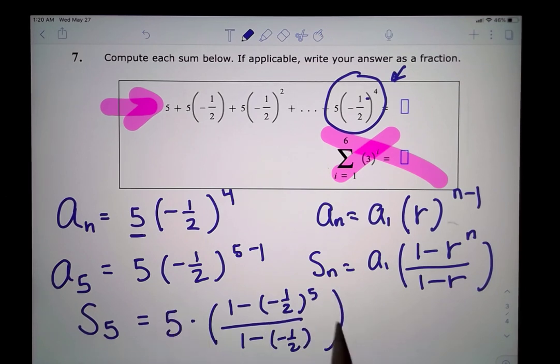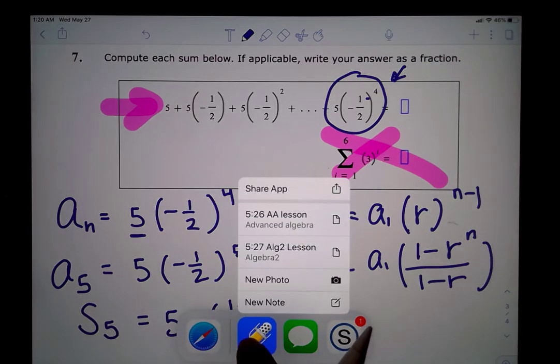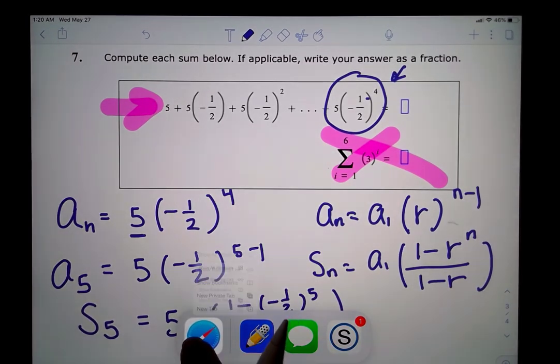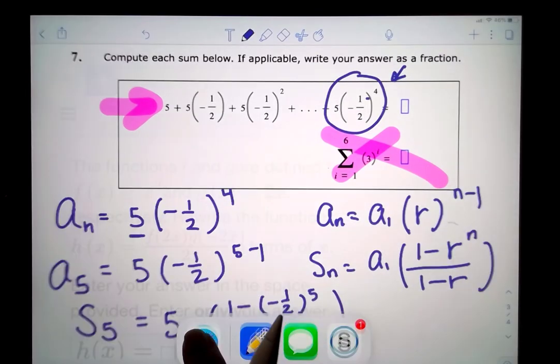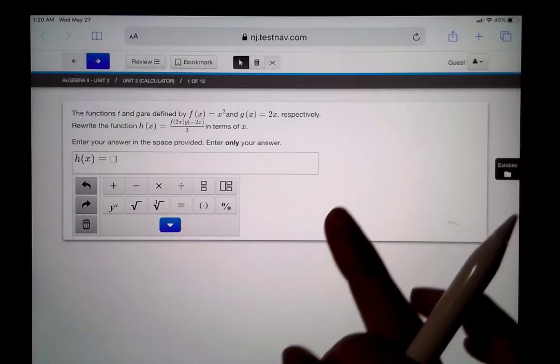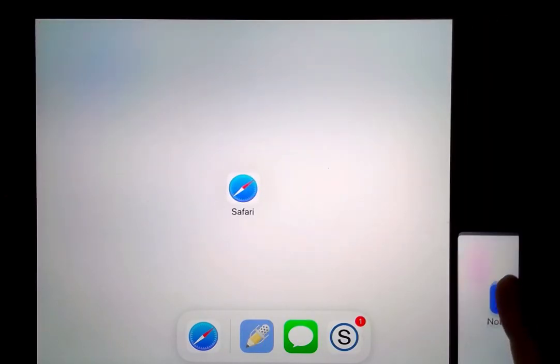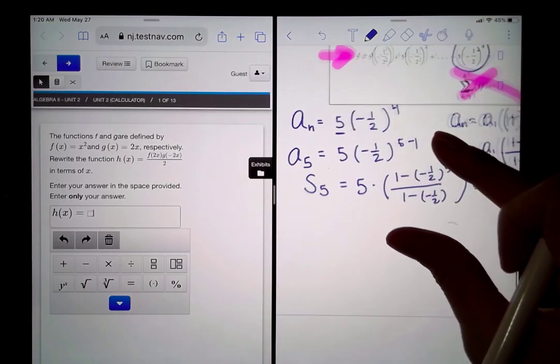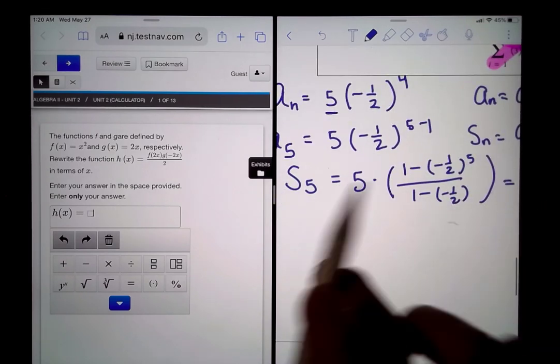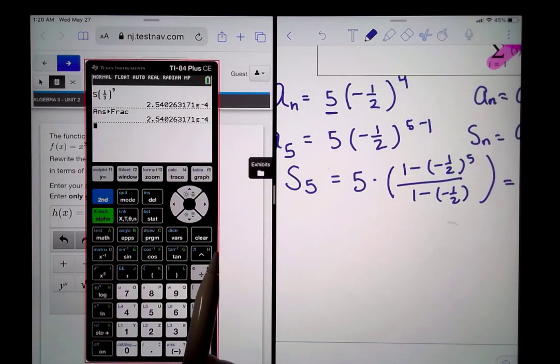So we will calculate this number. Hold on, guys. We want to calculate this, so I will put these numbers into my calculator.